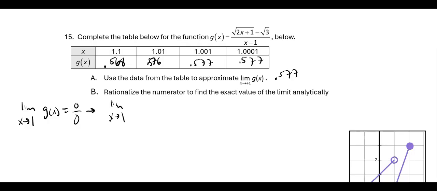So for our limit as x goes to 1, use the conjugate method. You have the square root of 2x plus 1 minus root 3, all over x minus 1, times the square root of 2x plus 1 plus root 3.